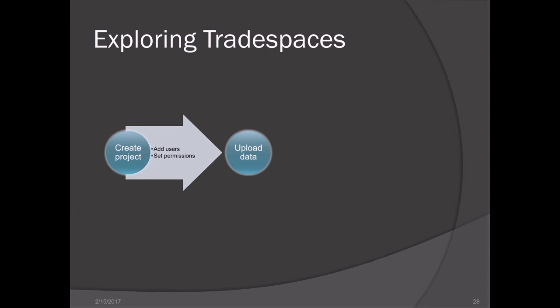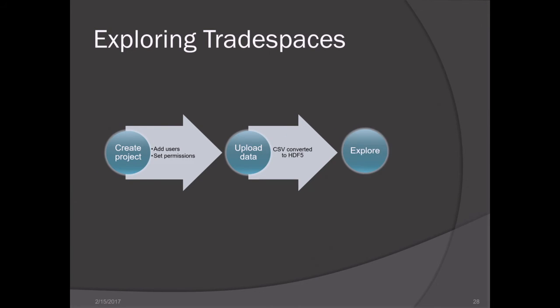So in TradeAnalyzer, I'm going to look at the process here. To be able to use TradeAnalyzer, first off, you want to create a project. The project is created around a Tradespace. The Tradespace is just a CSV file like we have with LCAAT, a 270,000 line CSV file that's uploaded and converted to HDF5, which is a fast binary format.